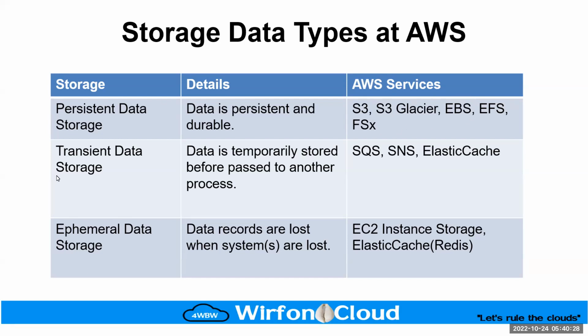For transit data, that is data temporarily stored before it's passed on to another process, you have SQS, SNS, and ElastiCache. ElastiCache you'll look at in the database module. For ephemeral data storage, basically the data records are lost when the system is lost or when you restart the system. An example of such storage in AWS is EC2 instance storage or ElastiCache for Redis.